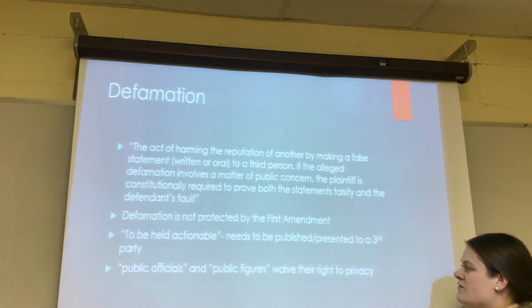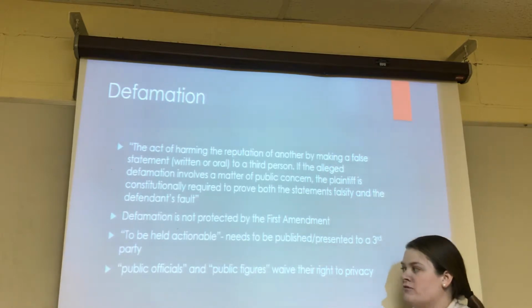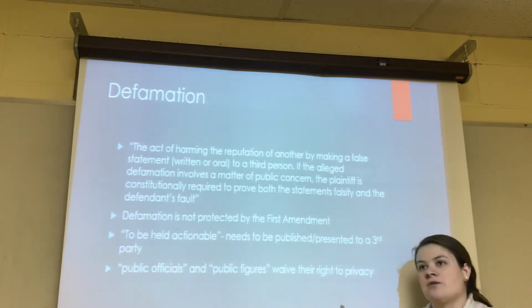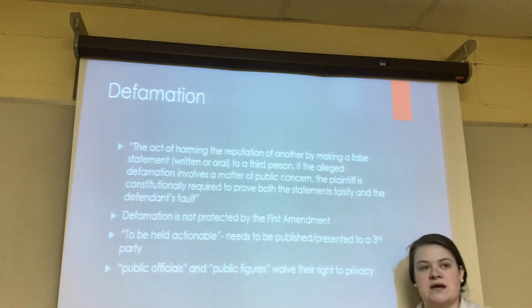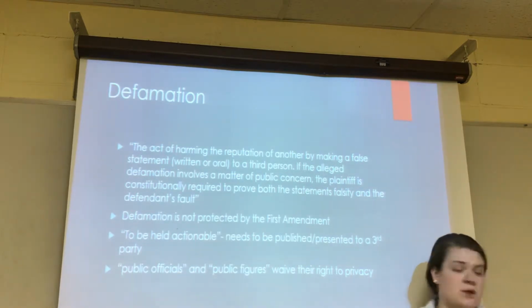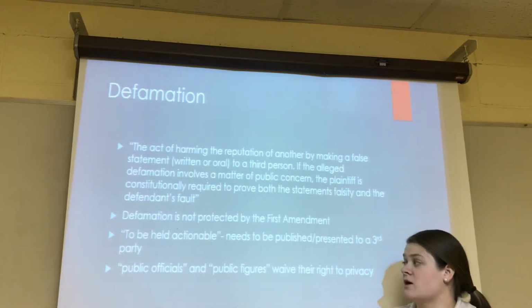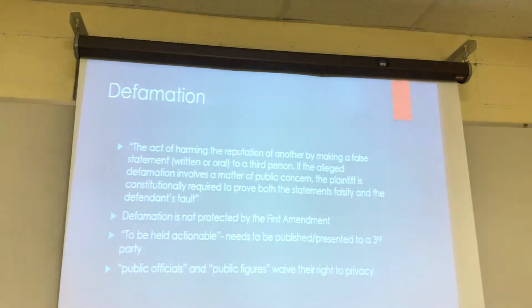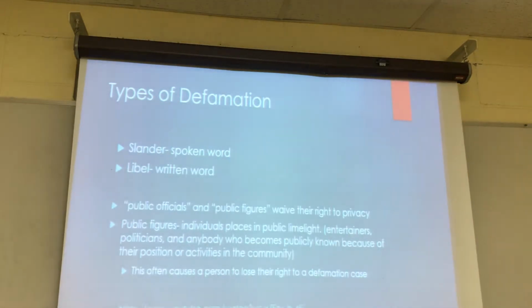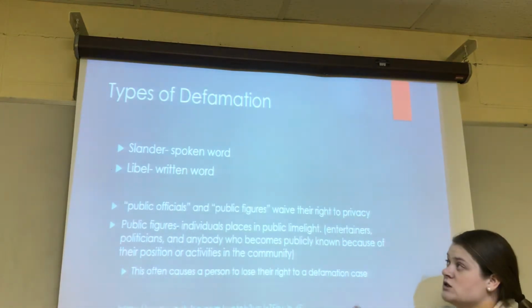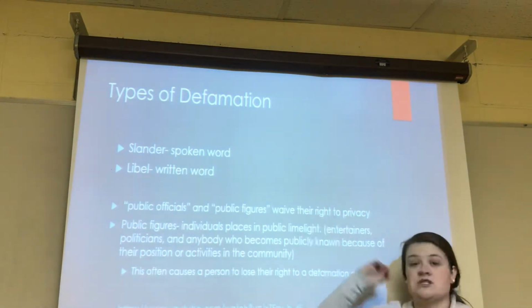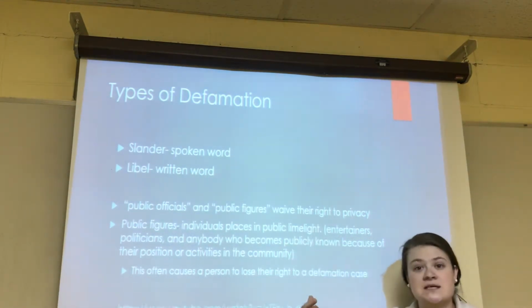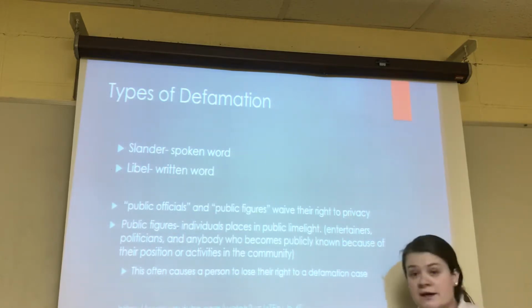So then we have another issue with public figures and public officials, celebrities, things like that, when we get into privacy rights, and I think I've got a slide talking about the private versus public issues in a second. But there are two types of defamation. We have slander, which is spoken, which may be something that's chanted at a riot.